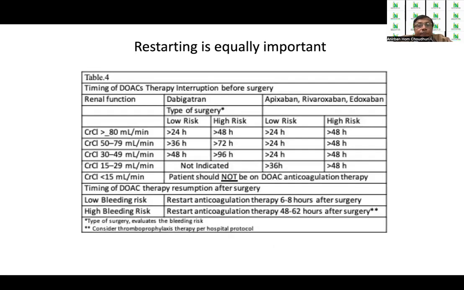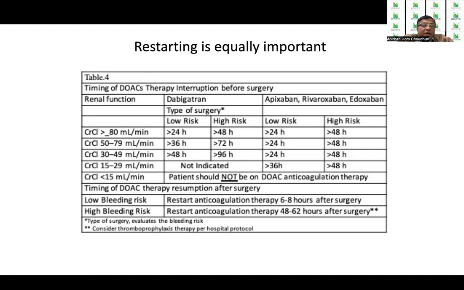So restarting is equally important, because in the postoperative period, the same patients who were at risk preoperatively are at increased risk. So the timing of restarting directly acting oral anticoagulants should also be based upon the same considerations as before surgery.